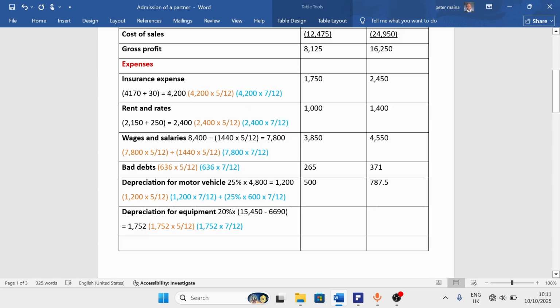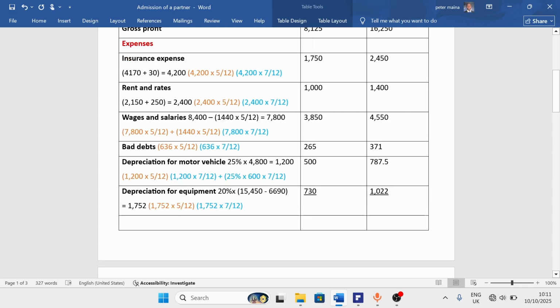For the first period, we are going to take 1752, we multiply by 5 and then divide by 12. That gives us 730. Then in the second period, we are going to take the same amount, we multiply by 7, then divide by 12. It is going to give us 1022. So now we are done with all the expenses.